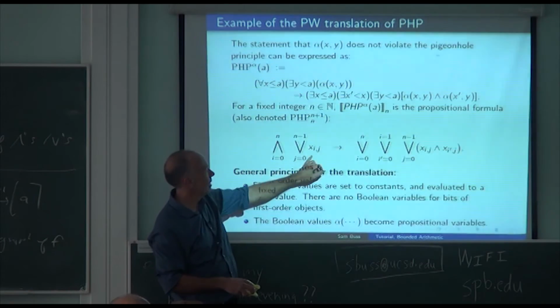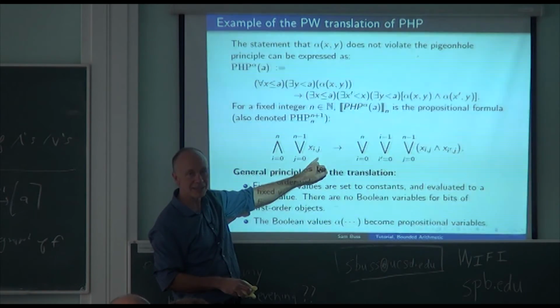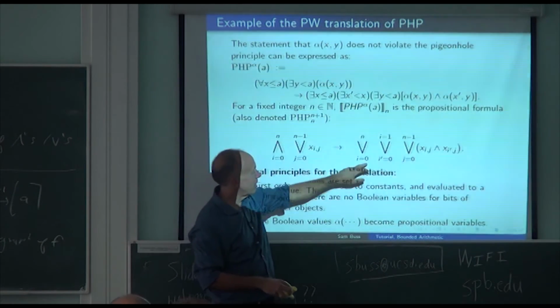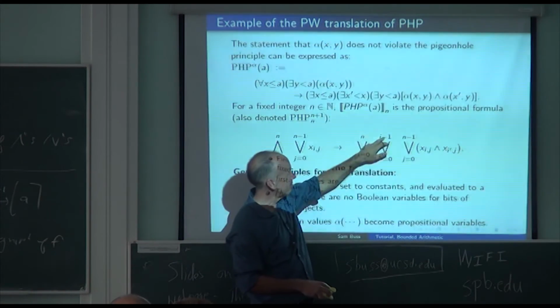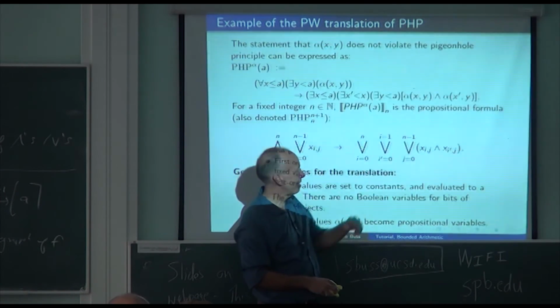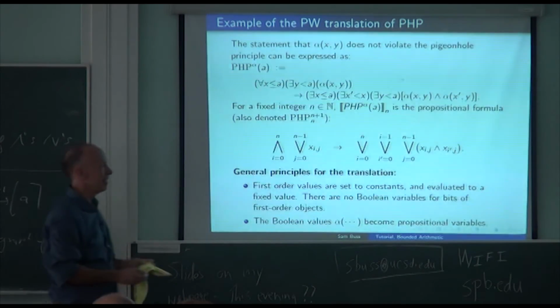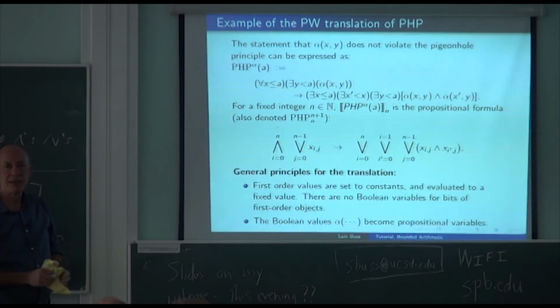This is basically saying for every i there is a j such that x ij holds. Then there's some i from 0 to n, i prime from 0 to i minus 1, j from 0 to n minus 1, such that both x ij and x i prime j. About as straightforward a translation as you could want.